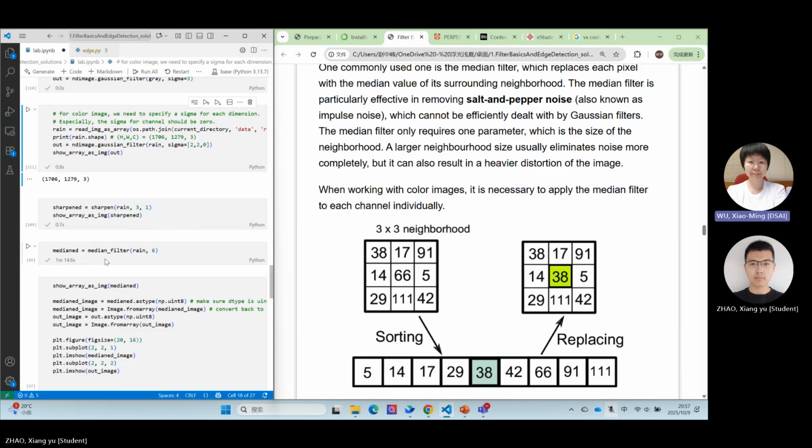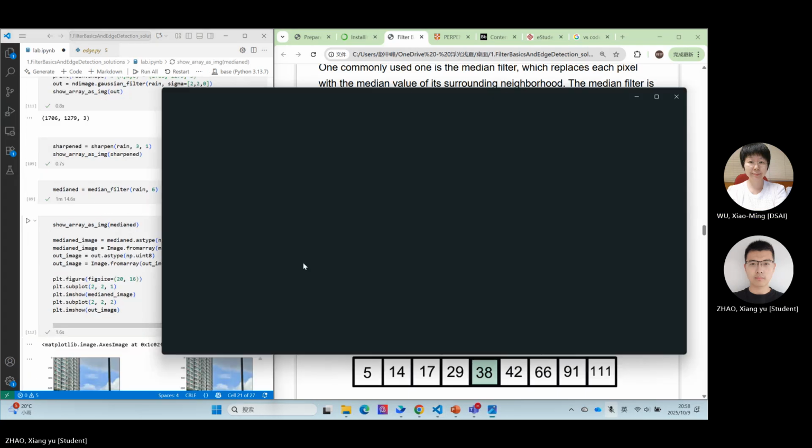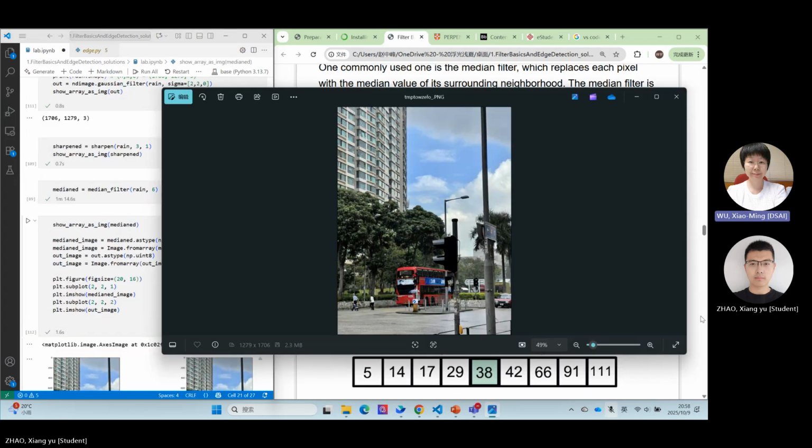Okay, I will show you some results. We also take the rain images as example. After we use the median filter to process the images, we can see the results. You can see this.